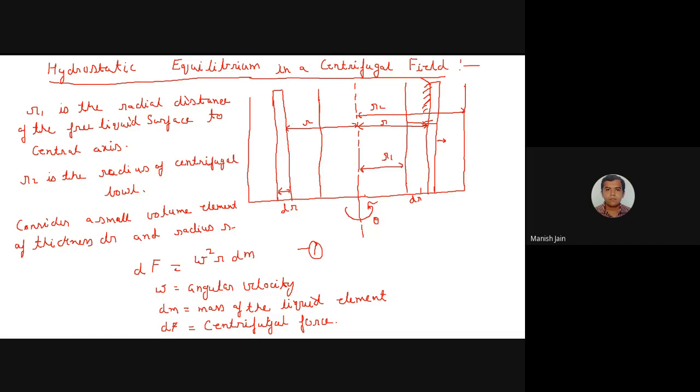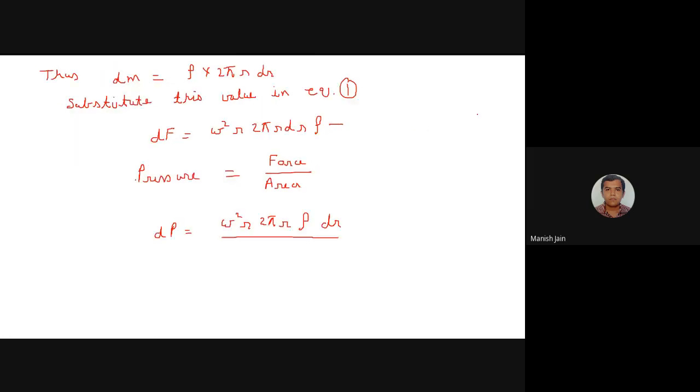The perimeter of the circle is 2 pi r multiplied by the length. Suppose this height is b. So 2 pi r b is the surface area of the cylinder where the pressure force will apply. It is a compressive force which will apply in the normal direction of the surface.